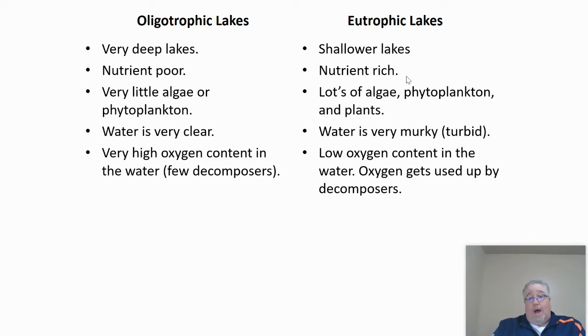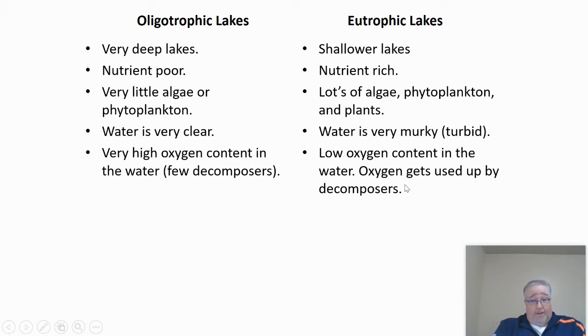And the reason why it's so high is because there's not a lot of decomposers in the lake. Decomposers actually use oxygen. So if there's no decomposers using the oxygen, there will be a lot of oxygen available for fish, right? That kind of makes sense.